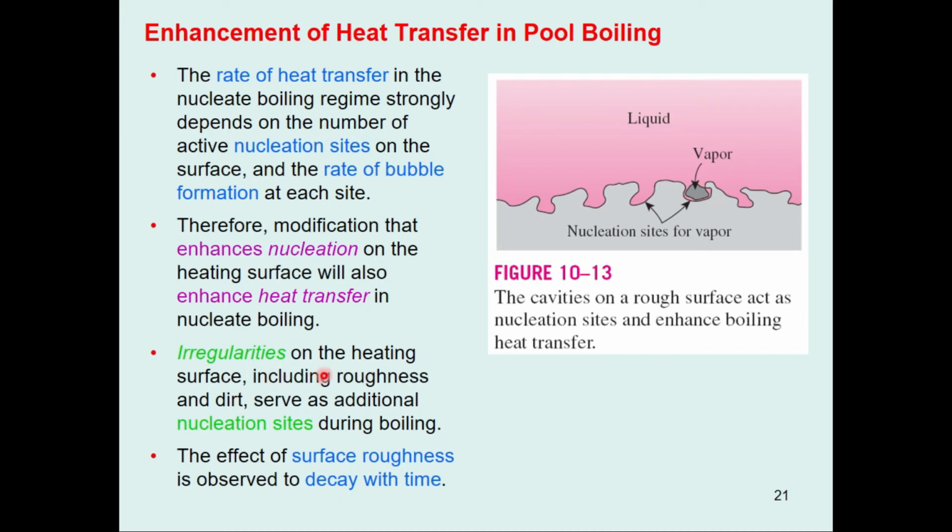Irregularities on the heating surface, including roughness and dirt, serve as additional nucleation sites during nucleate boiling. The effect of surface roughness is observed to decay with time, because the surface roughness changes with time. Initially the surface roughness is different, and after 2 years it would be different. So it changes with time.